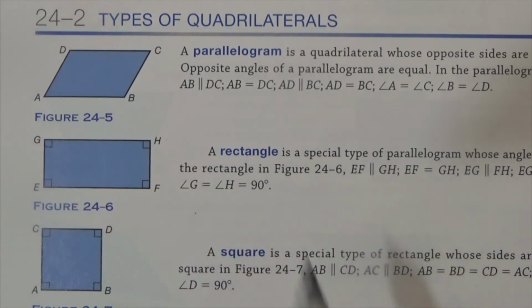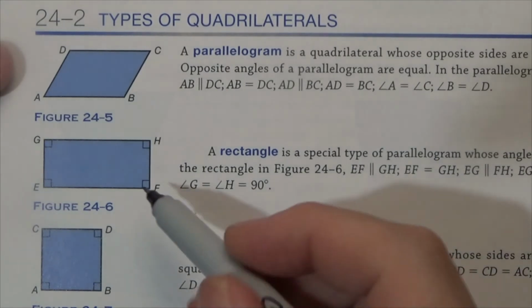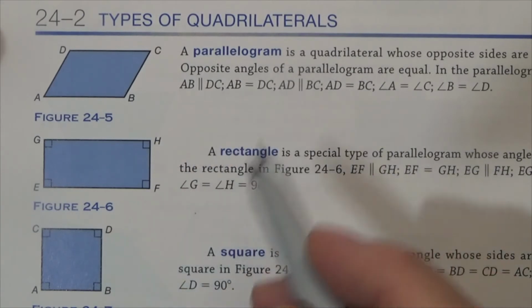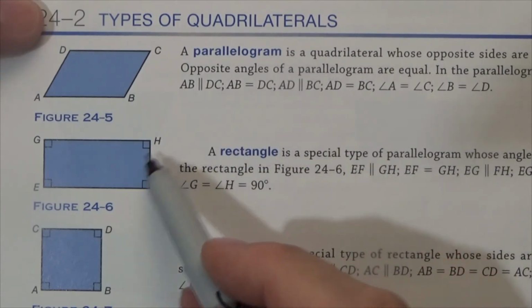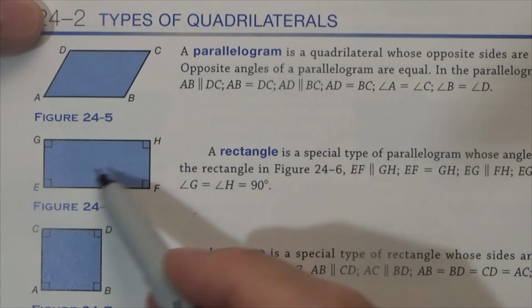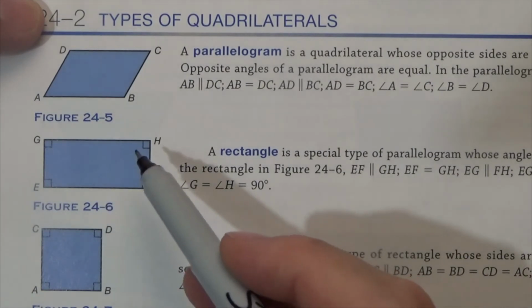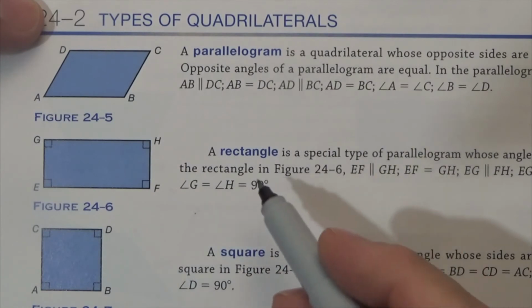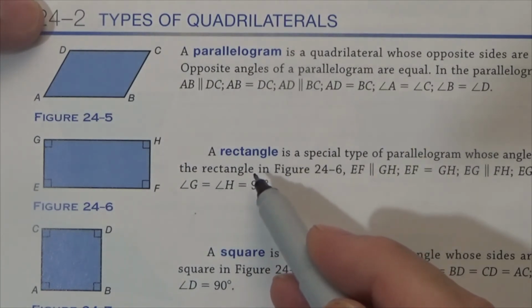That meets the requirements to be a parallelogram, but because all of the angles are 90, that's a little bit more of a specification. So it doesn't say anything about the sides, the length of the sides, just that they're parallel. So that makes it a parallelogram, and all of the angles being 90 make it a rectangle.